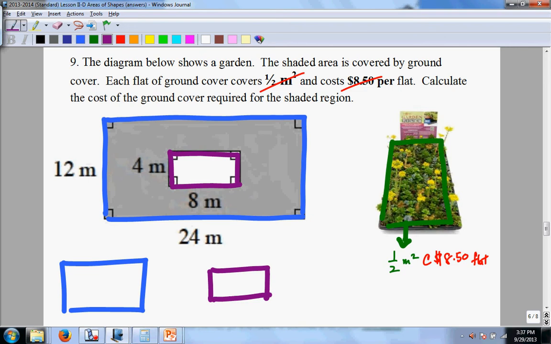That's going to come into play in finding the area of that donut shape, and then you must calculate ultimately how many flats you need. So these are additional questions. How many flats do you need? And then your ultimate question, of course, is money.